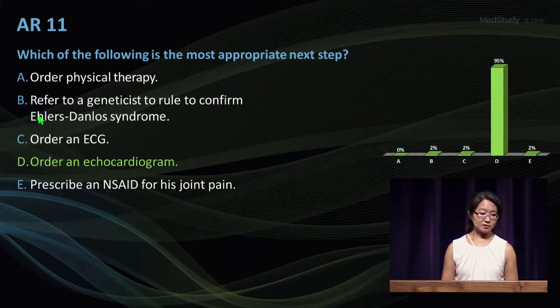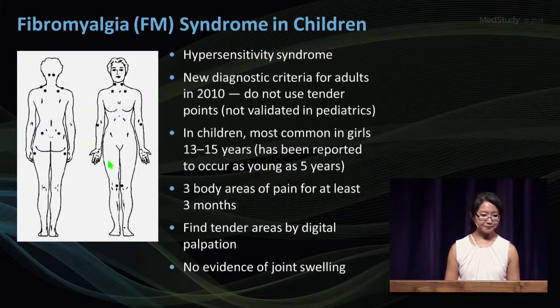Referring to a geneticist to rule out or confirm EDS because his sister has it is, again, not the appropriate answer. An EKG won't tell you much about the murmur. Sometimes, if it's really severe, there may be abnormalities on EKG. And NSAIDs, he probably has already tried for his joint pains. The echocardiogram is the correct answer.